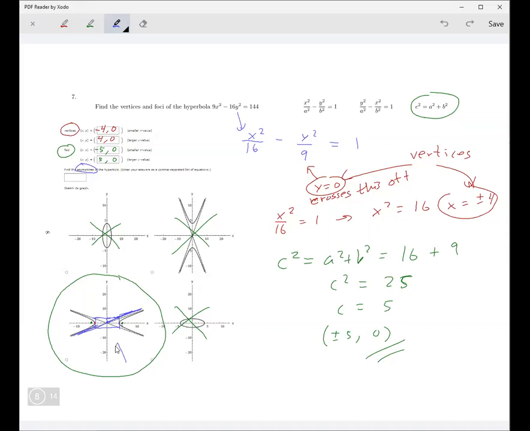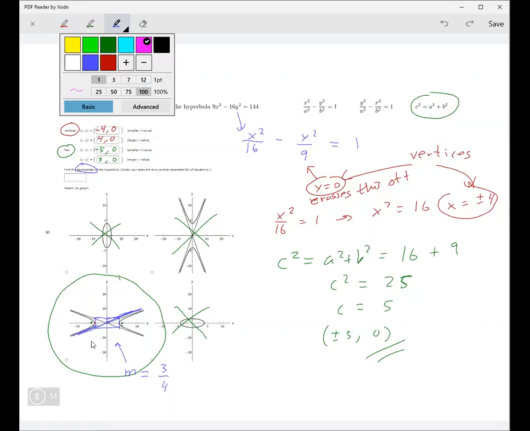That means the slope of the asymptote is going to be, it went up 3 and across by 4. So that's 3 over 4 for this asymptote. But you'll have a second asymptote, which I'll do in a different color.